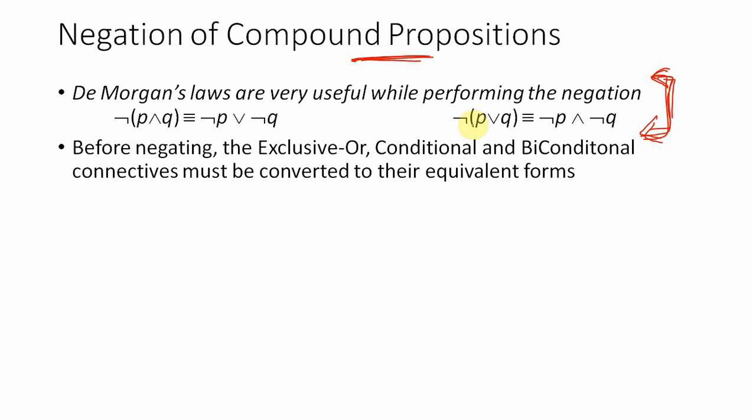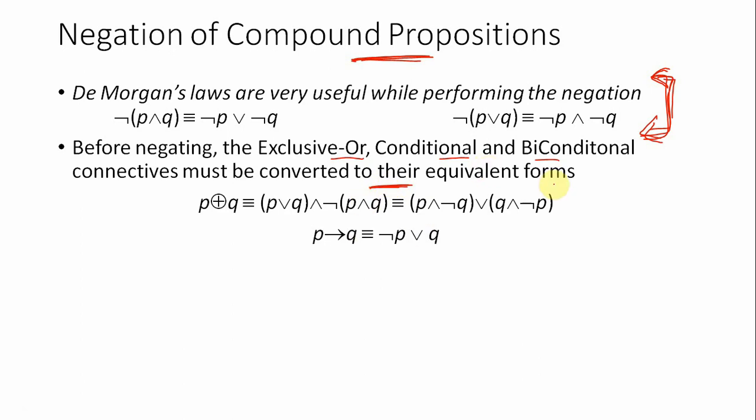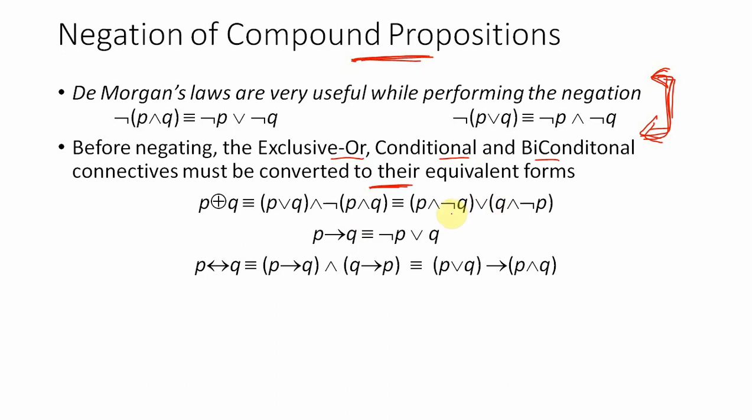Second important point, before negating the exclusive or, conditional or biconditional, they must be converted to their equivalent forms, as we have discussed in the previous slide. So they can be written like this or like this. Once you have written it like this, now negating this statement becomes easy.